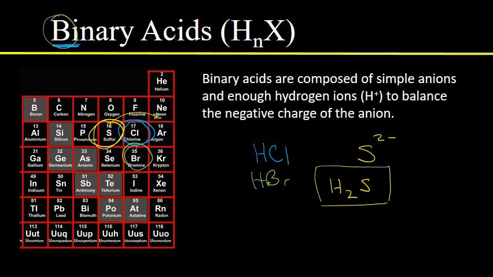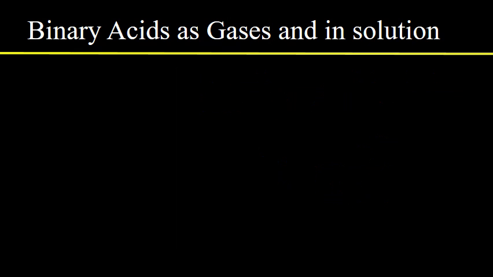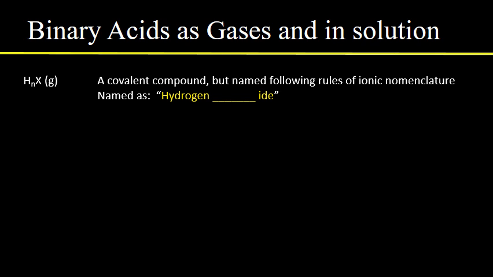All right, let's look at naming these, because there's a little bit of a trick to binary acids. Binary acids can exist in two different forms. They can exist as gases, and all of these gases are very water soluble, so you can dissolve them in water to make solutions. And what's important about these is that the name of the compound is different depending upon whether it's in the gas phase or as a solution.